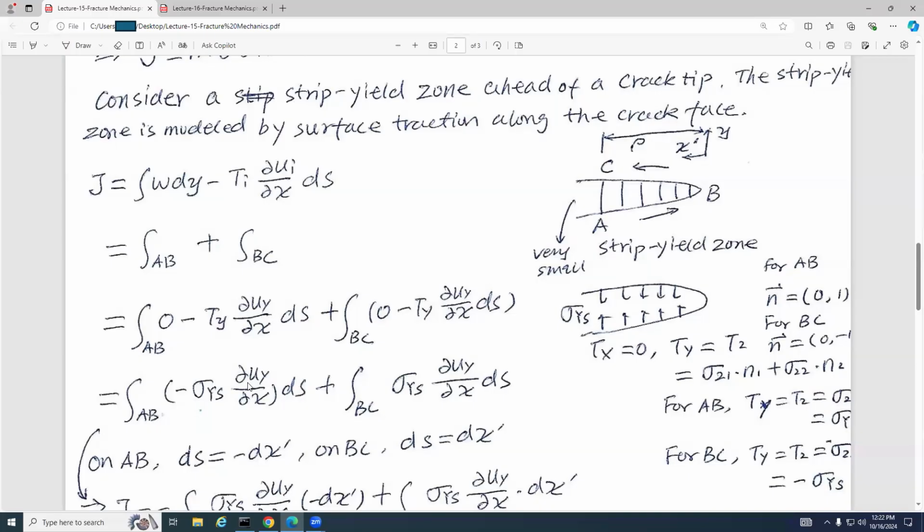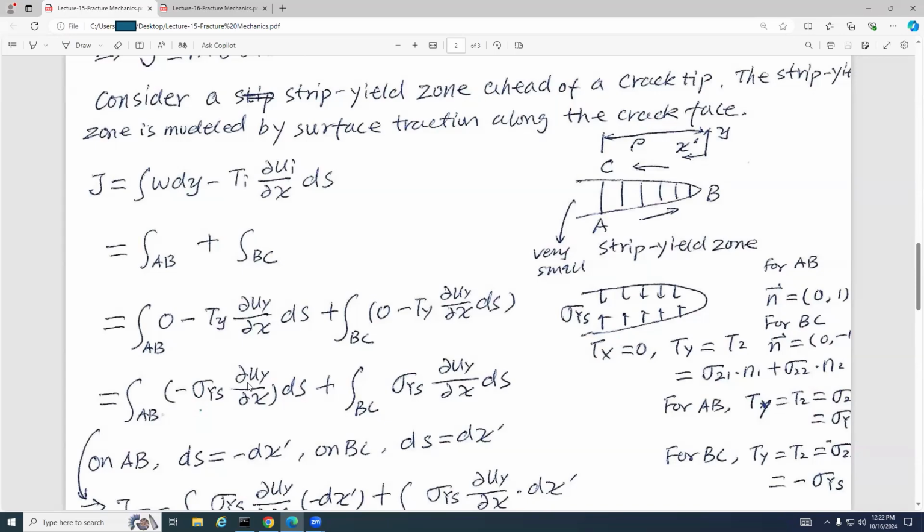So here, come here. This equals 0, and then I have T2 and du2 dx, so this T2 equals sigma ys multiplied by du2 and dx. So this is how I have here. And du2 means duy, right?